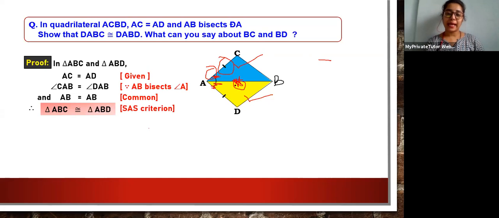So by SAS criterion, both of these triangles are congruent. And now what about BC and BD? If both of the triangles are congruent, by CPCT, BC is equal to BD. I told you in the note part that whenever we prove that two triangles are congruent, the other remaining corresponding parts of both triangles are also congruent.